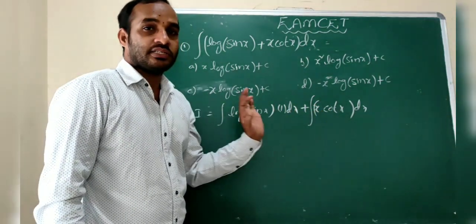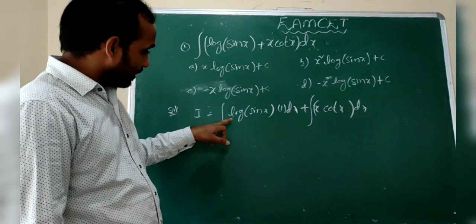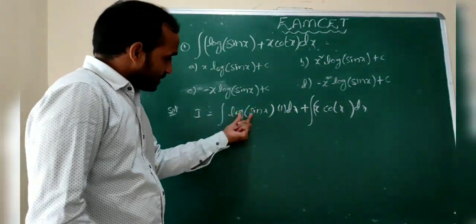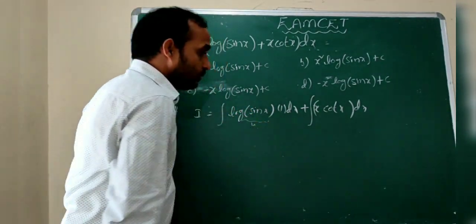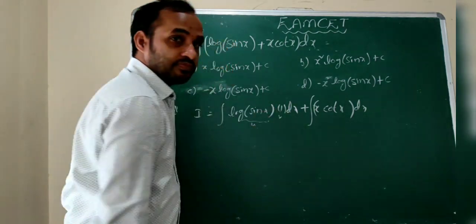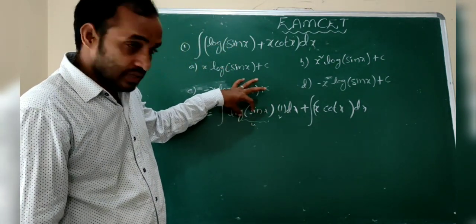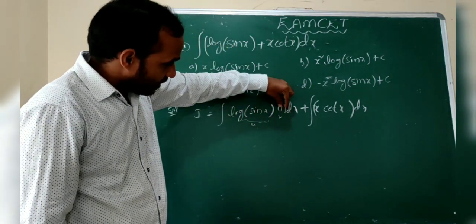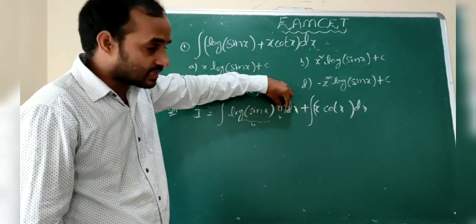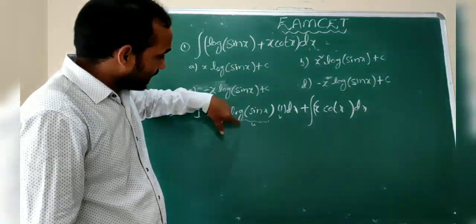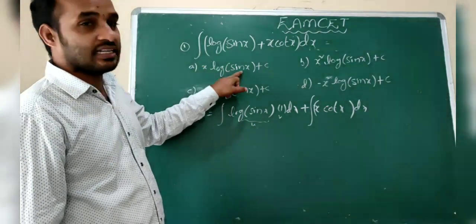Here is a limit. So how to eliminate? With the UV method, here is U, here is V. Integrating dx means x.